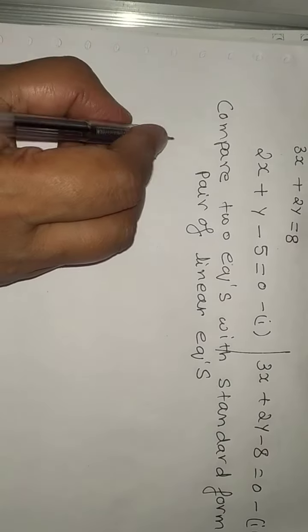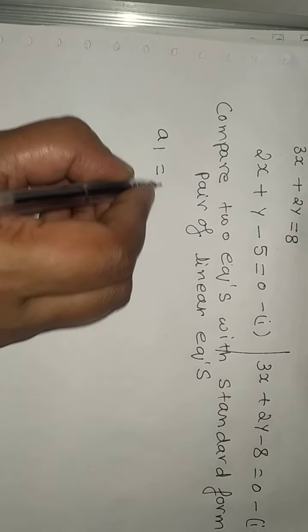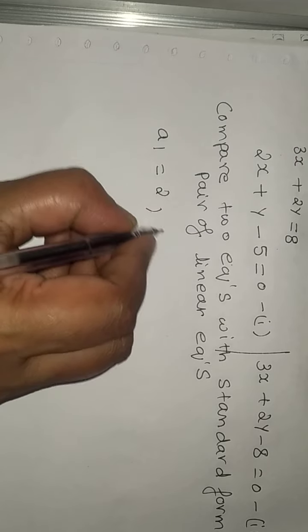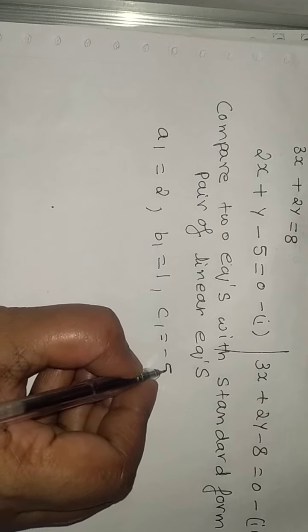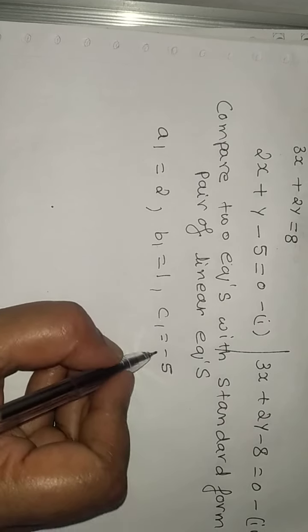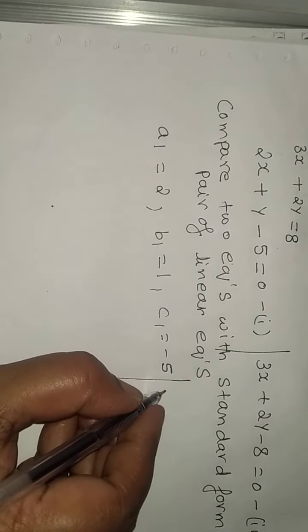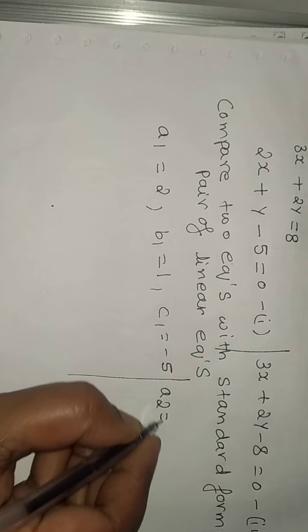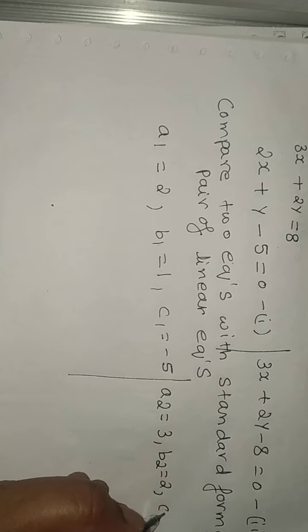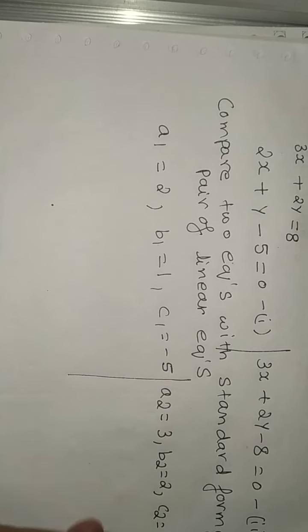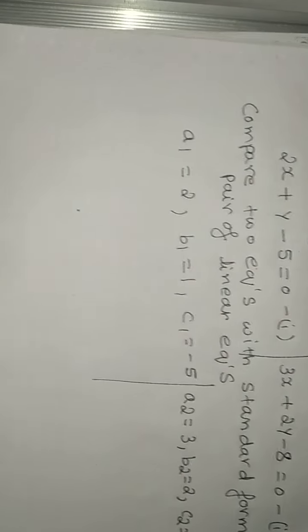So what we have to write next: a1 is equal to how much? In the first equation a1 is 2, b1 is 1, c1 is minus 5. Next, a2 is 3, b2 is 2, and c2 is minus 8. So this we got.